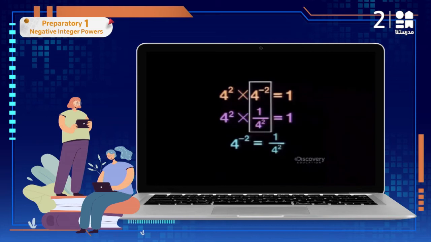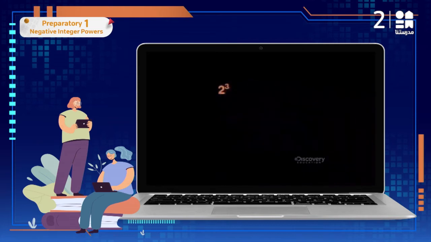This will work every time. Here, for example, we start with 2 to the power 3. Multiply by 2 to the power negative 3, and we get 2 to the power 3 plus negative 3, which is 2 to the power 0, or 1.